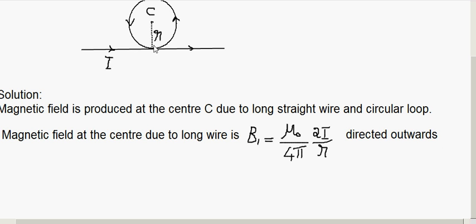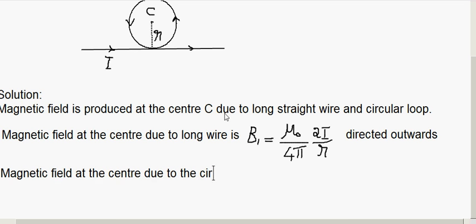Now next is the magnetic field at the center due to the circular loop. For a circular current carrying loop, the field at the center, we know how to calculate. It is B2 equal to mu naught I by 2r.